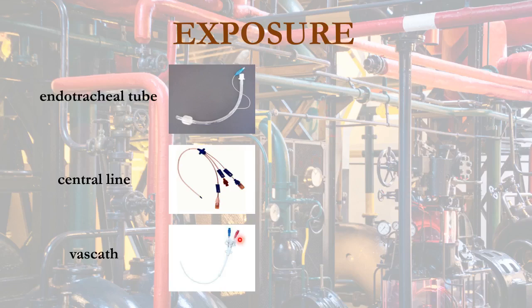It's got 2 lumens. A central line has 3. It can be 4. It can be 5. VASCATH has 2 lumens. Sometimes there's a third lumen for medications. Okay? Is VASCATH considered a central line? Yes. It's considered a central line.